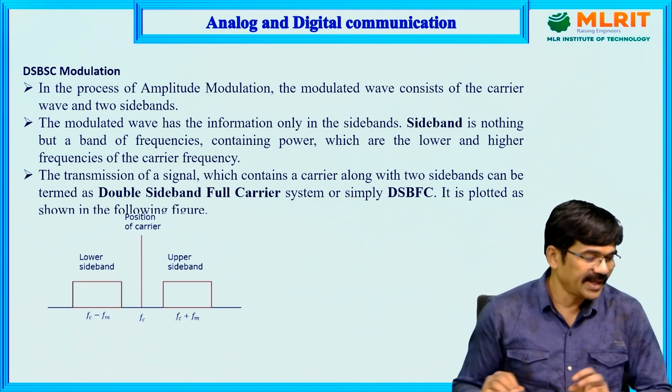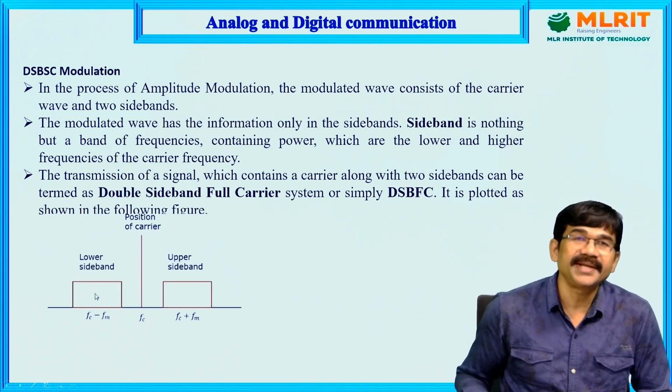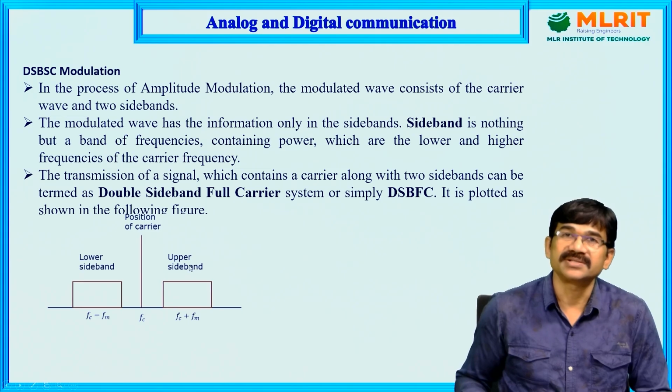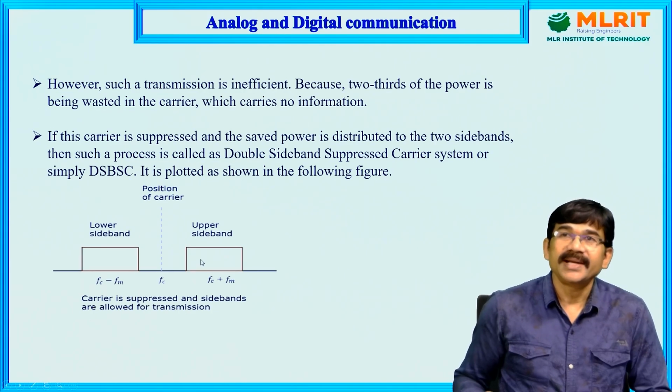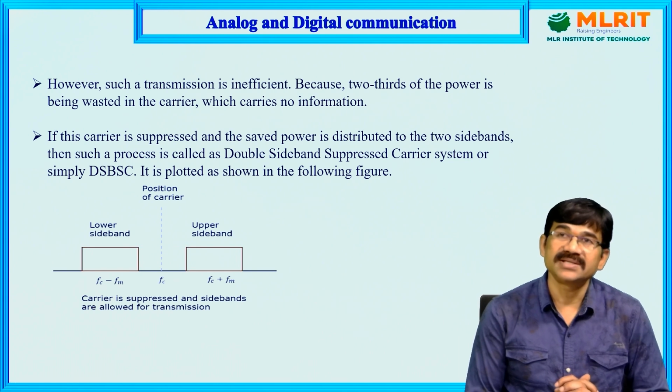According to the block diagram we have drawn here, it contains the lower sideband, upper sideband and carrier, which is nothing but AM, also called DSBFC, double sideband full carrier system. Today's lecture is DSBSC, double sideband suppressed carrier system. So, we are suppressing the carrier.